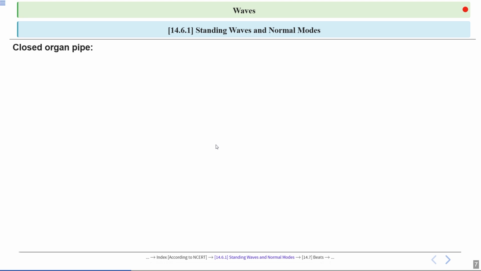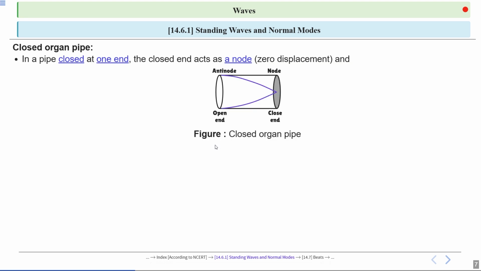Now, in a closed organ pipe, one end is sealed. Alright, so this one is closed organ pipe. Here, one end is sealed, creating a node where air particles don't move.